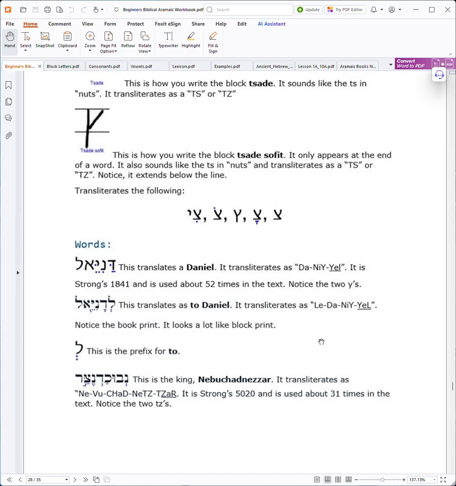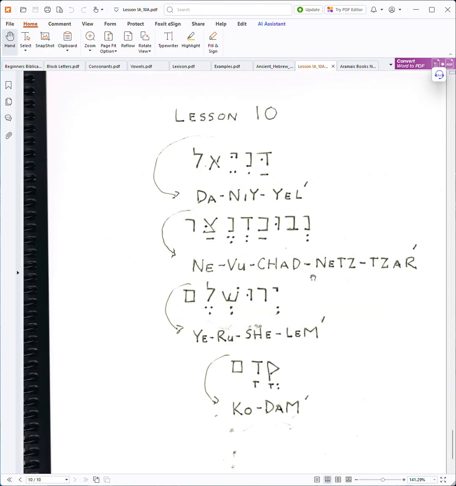So now, the next word is Nebuchadnezzar, and it's used 31 times in there. So, Nebuchadnezzar, so we got a Shabbat here, and it's pronounced Nebuchad.